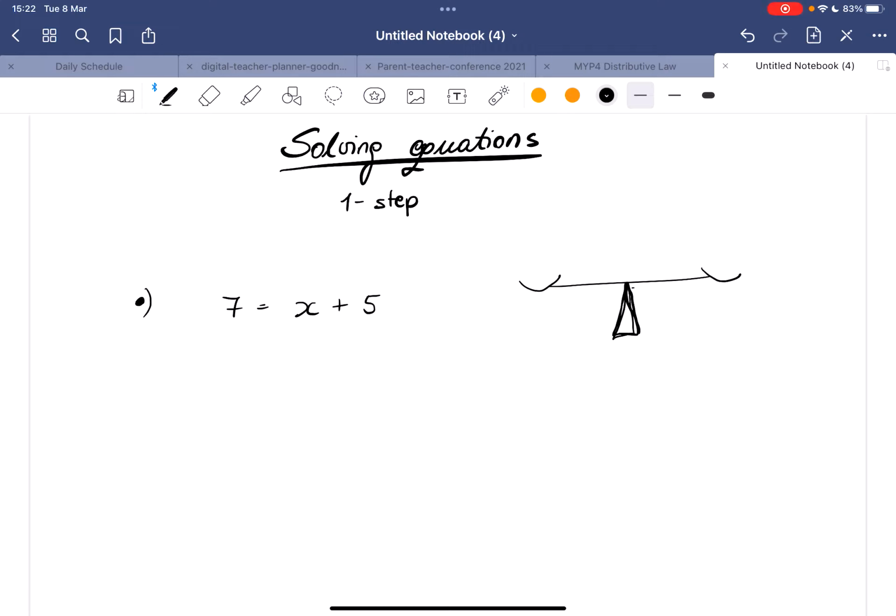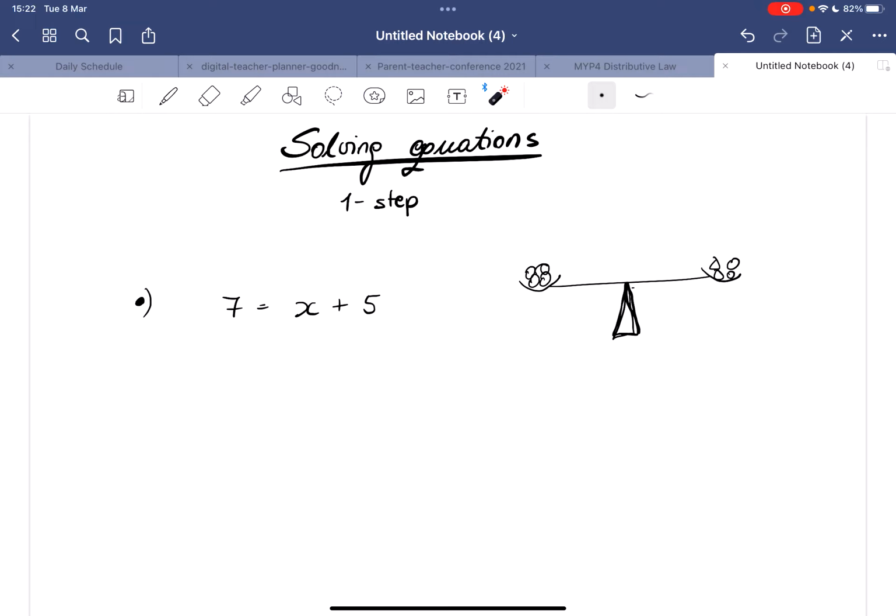Therefore, whenever we take something away from this side, let's say if we want to take out this round ball here, then if I just take that off here, the scale will go down here. So I need to take out a ball here on this left hand side as well to keep this scale in equilibrium. And that's exactly the same thing with an equation.